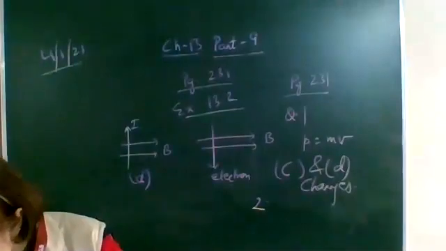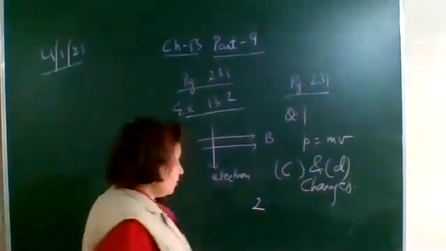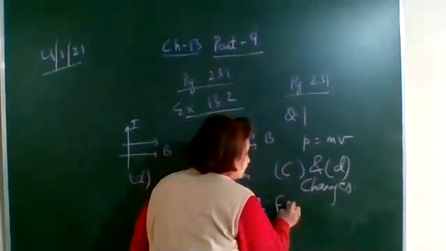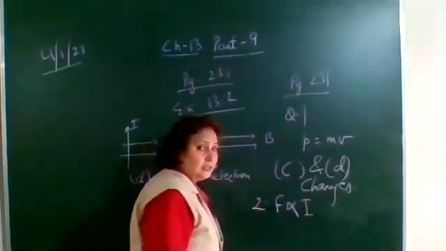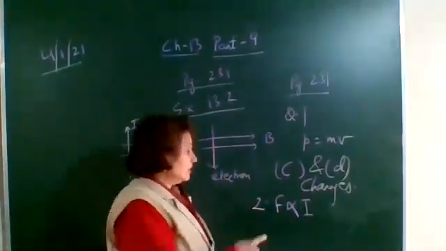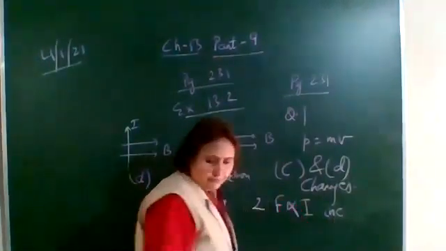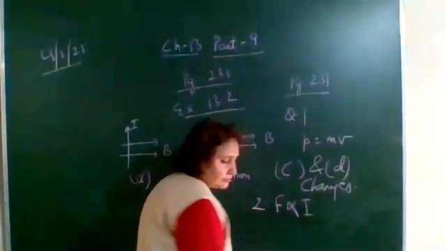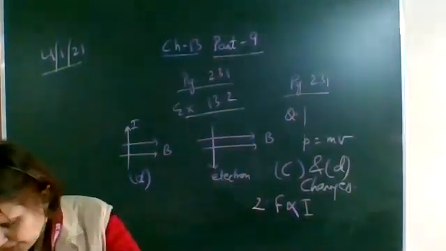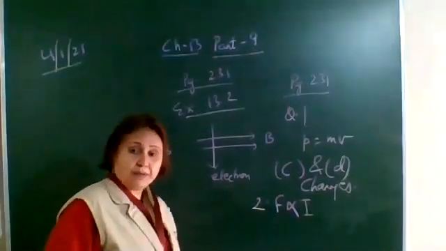Three quantities are given. The first one is current is increased. We have already studied that the force is directly proportional to the current. If the current is increased, the force also increases. The B part is a stronger horseshoe magnet is used.